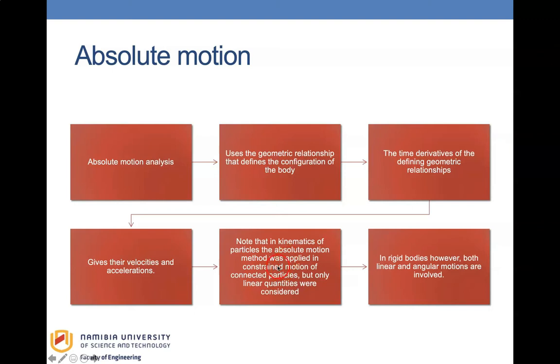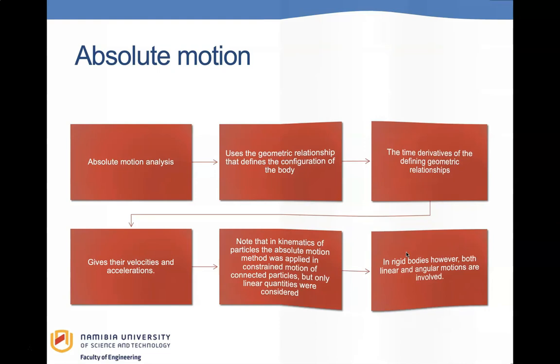But note that in particle kinematics, we were only able to deal with linear quantities and linear motion. In rigid body dynamics, however, we will be dealing with both linear and angular motions because the two are involved.